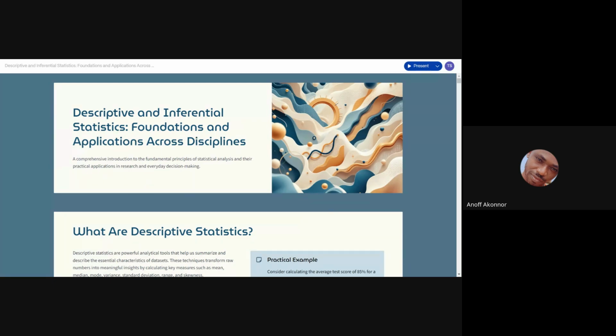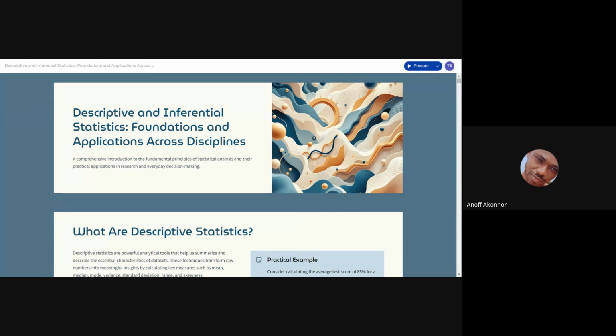We are not using it to make any predictions. And some of the methods that we normally use are calculating the mean or the average, the median, the mode, the range, sometimes using tables and then sometimes bars. I think one of the descriptive ways that we normally use is the bar graph, and then the rest.